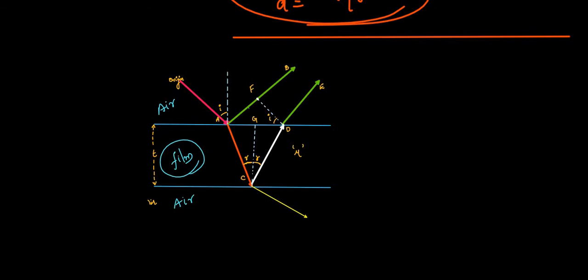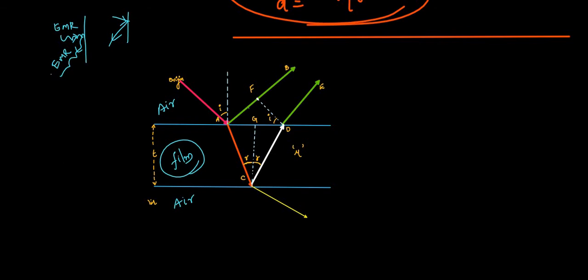So in this case, the first reflection is happening on the surface of a denser medium. Suppose this is the surface, this is the incident ray, and this is the light wave, electromagnetic radiation. This is the reflected radiation. Let's remember this.